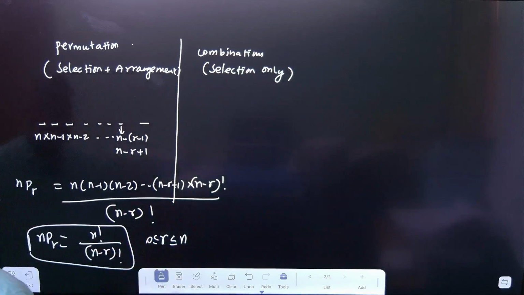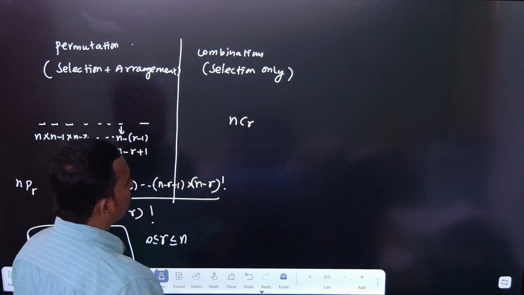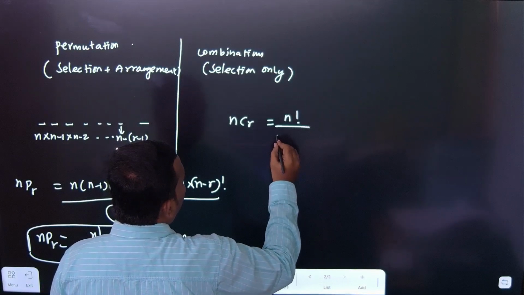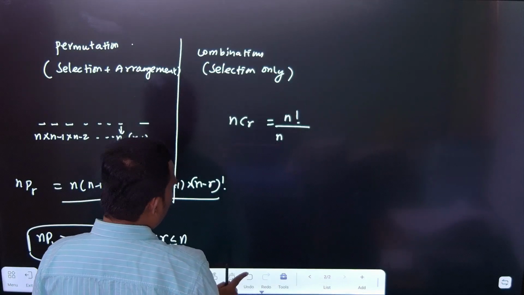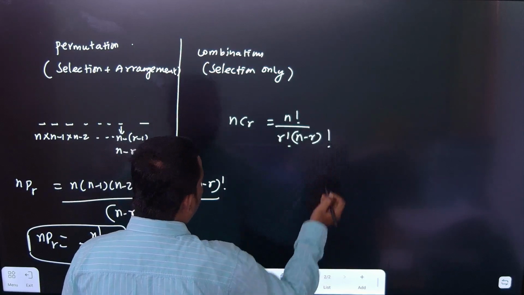So, how to understand the combinations here? So, nCr, this is C for combinations, right? nCr is equal to n factorial by r factorial into n minus r factorial.